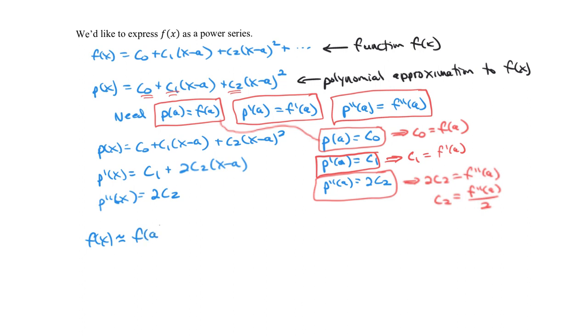It's equal to F of A plus C sub 1, which is F prime of A, C sub 1 times x minus A. Okay, and then we have plus C sub 2. C sub 2 is F double prime of A over 2, F double prime of A over 2 times x minus A squared.